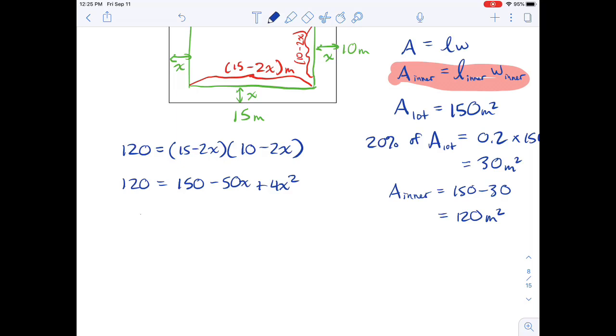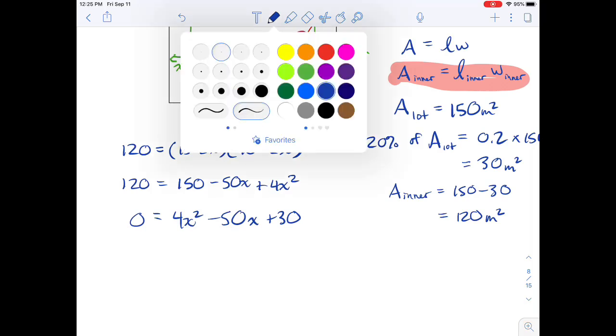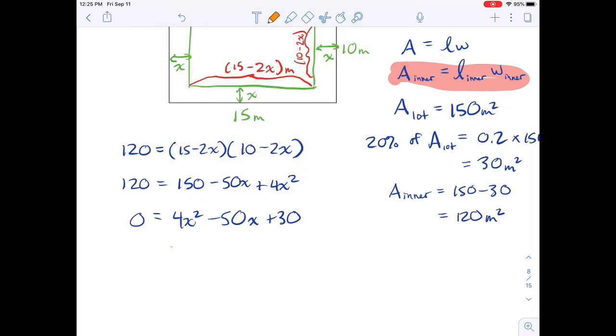And when I rearrange a little bit, we have 0 equaling 4x squared minus 50x plus 30. Once again, that tells us what our a, b, and c values are.